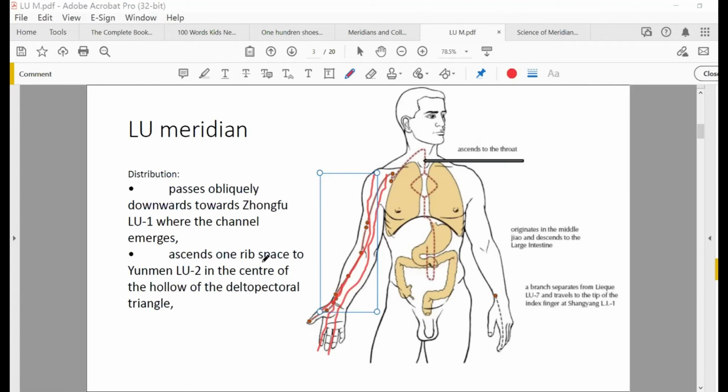Sometimes it's hard to understand why this side is called anterior. So this position, we know that's the Western medicine anatomical position, right? The hand is like this. And in this position, look at the thumb. The thumb is facing the front. Right? The thumb is facing the front.